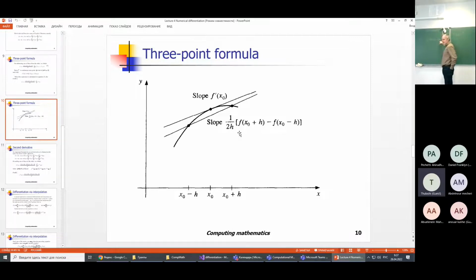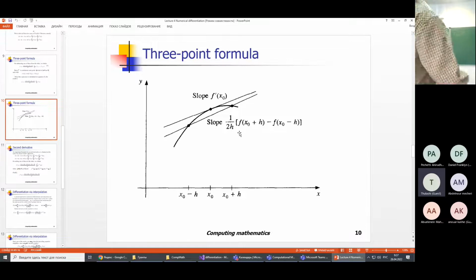So actually, there are 3 points: x plus h, x minus h, and x, only the coefficient of f of x0 is 0. That's why this term is eliminated. You can see these 3 points on the picture.